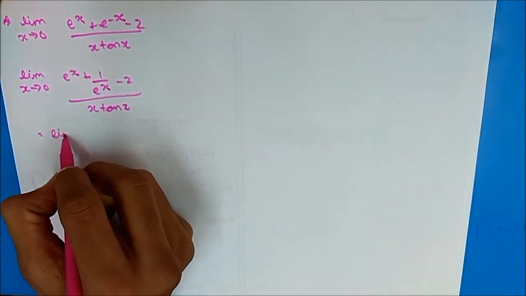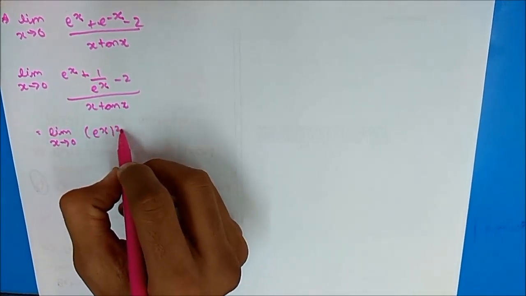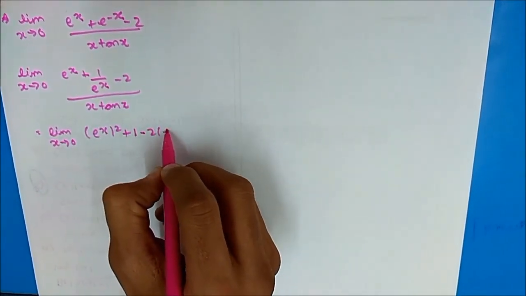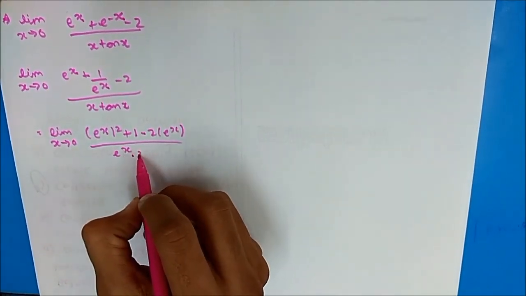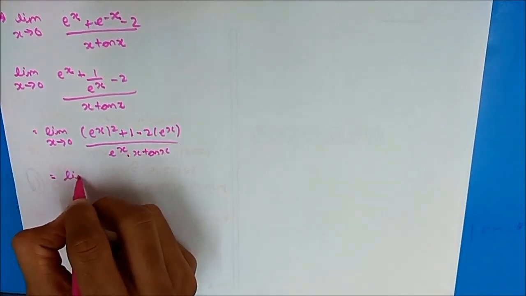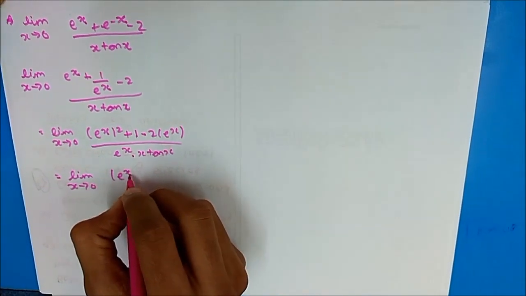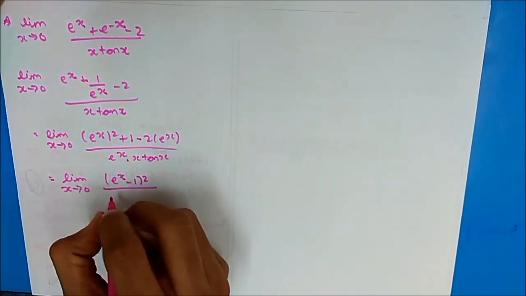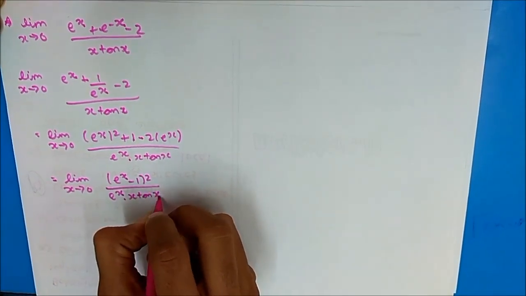That is limit x tends to 0 of e raised to x square plus 1 minus 2 e raised to x upon e raised to x into x tan x. That will give limit x tends to 0 of e raised to x minus 1 the whole square upon e raised to x into x tan x.